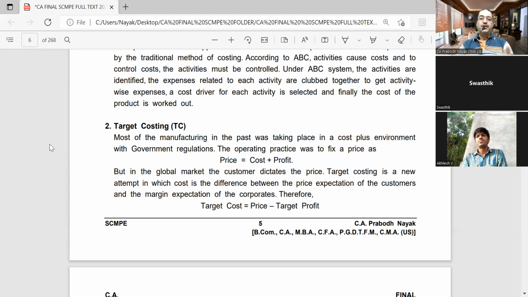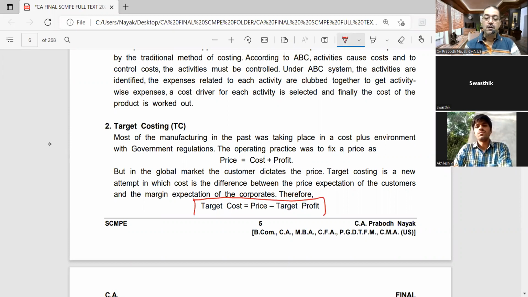From the price I deduct the desired profit margin, and then I arrive at the target cost. So price is equal to cost plus profit, or as in the last line I've written there, target cost is equal to price, that is the market price, minus the target profit or the desired profit.